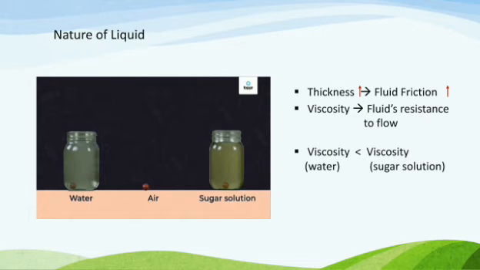The viscosity of water is less than the viscosity of sugar solution. That's why the ball can easily pass through the water. The viscosity of air is less than the viscosity of water, so the ball drops down in less time than in the water.